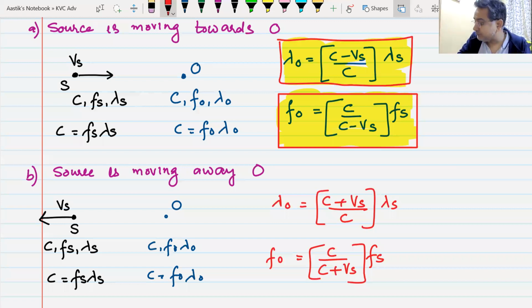Case number 2. Source stationary, observer in motion.